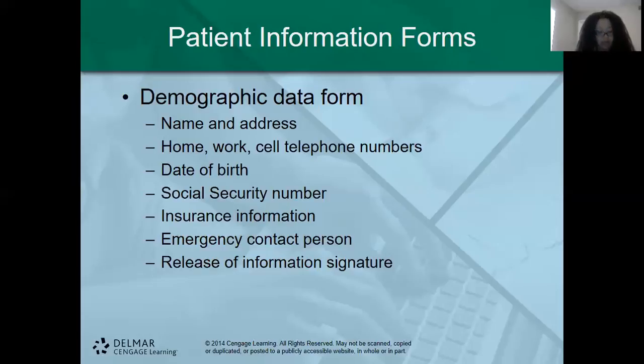Those are some reasons why. Insurance information: who are they going to bill, so you don't have to take responsibility for it? Emergency contact person: in case you just fell out or something happened to you, who can we call? And also a release of information signature. This is an example of a demographic form. It is on page 569 in my book.